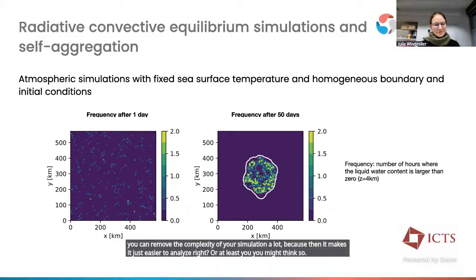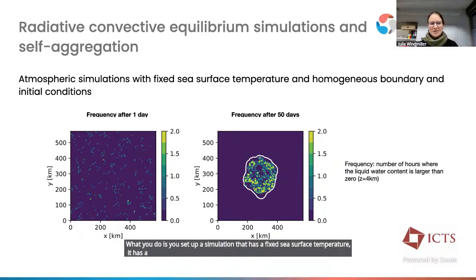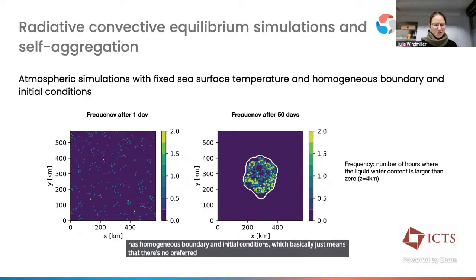And so you set up a simulation that has a fixed sea surface temperature. It has homogeneous boundary and initial conditions, which just means that there's no preferred location for convection to occur. So convection is similarly likely to occur in any part of the domain.